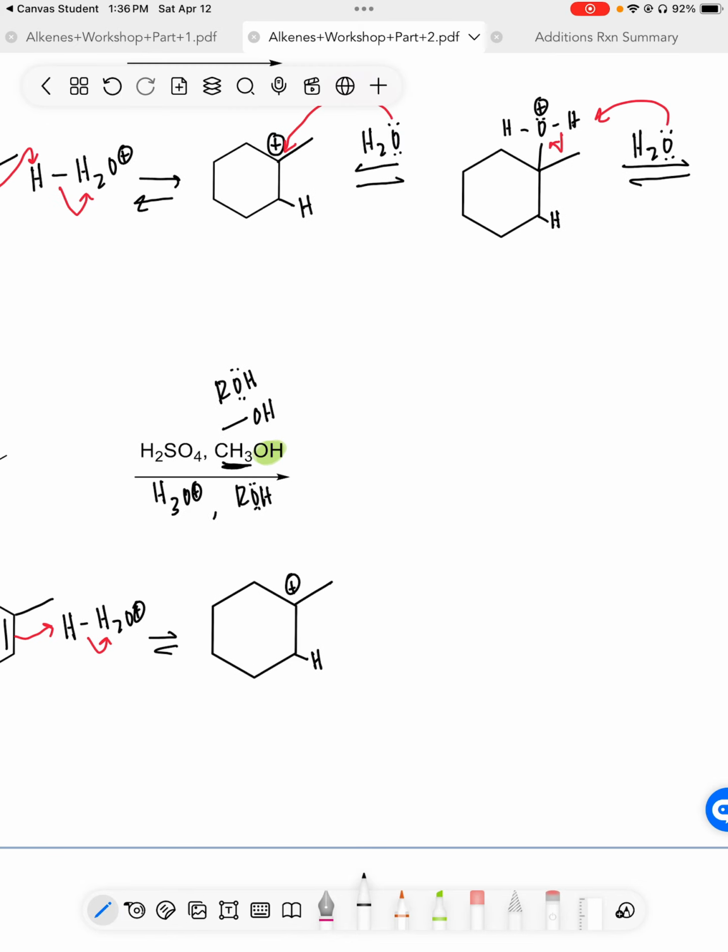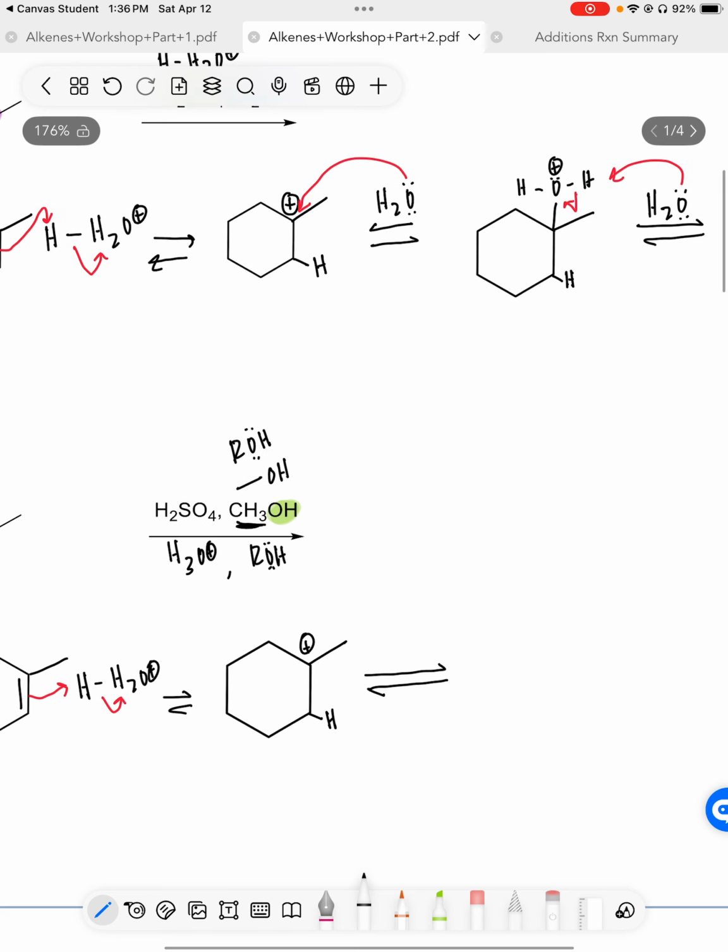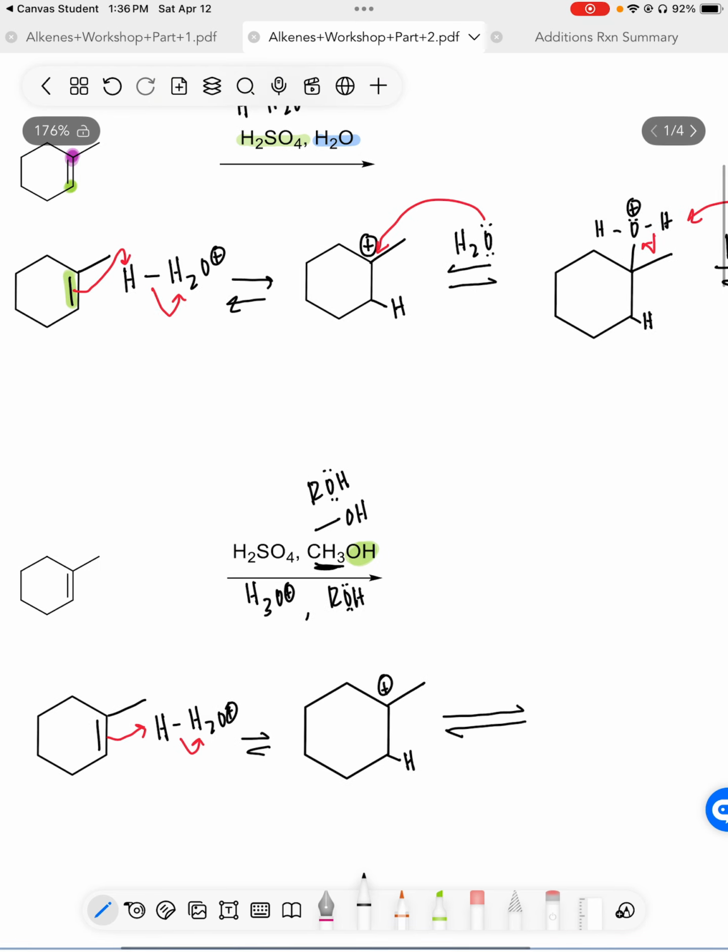Okay, and now our alcohol is going to attack. So remember up here, we protonated, just like we did down here. So here we protonated, here we protonated. Then our nucleophile, which was water, attacked. Now our nucleophile that's the alcohol is going to attack.